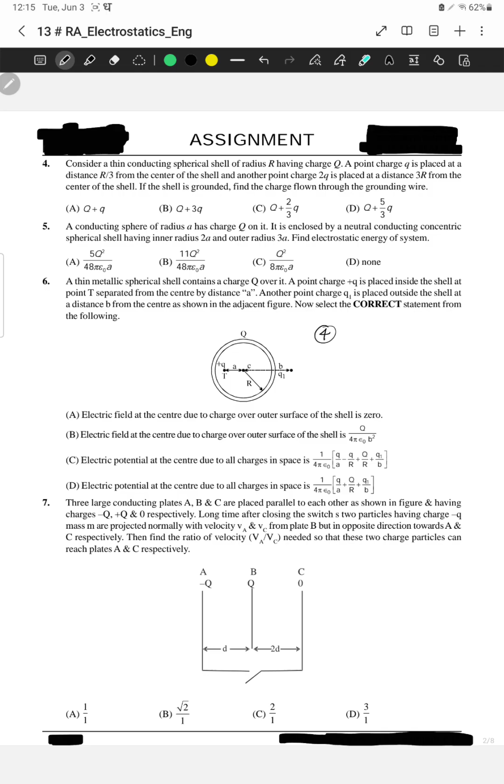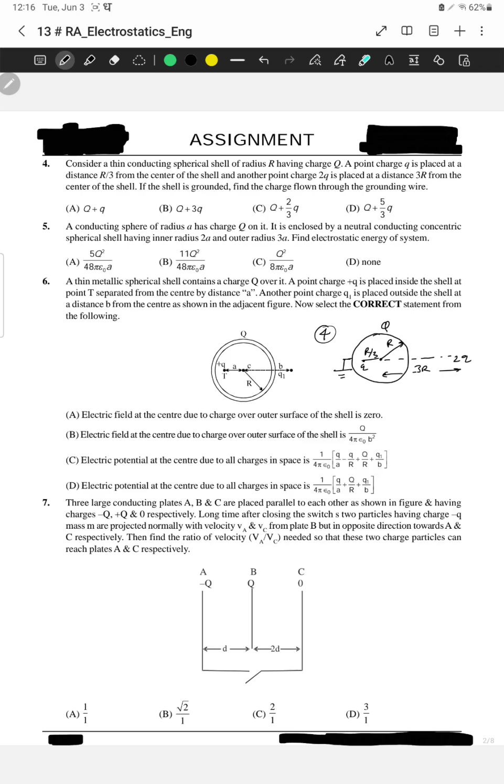There's a spherical shell which has a q charge, radius is r. There's another charge q placed at r by 3 distance, and 2q charge placed at 3r distance from the center. Now they're asking, if the shell is grounded, find the charge flown through the grounding wire.